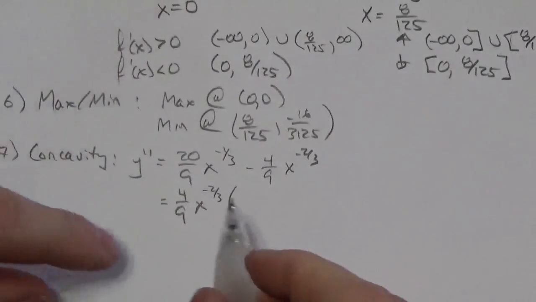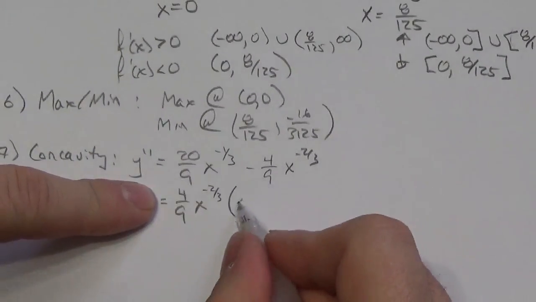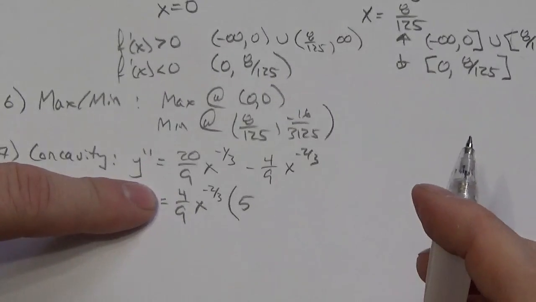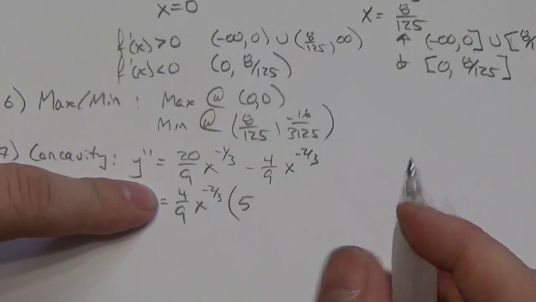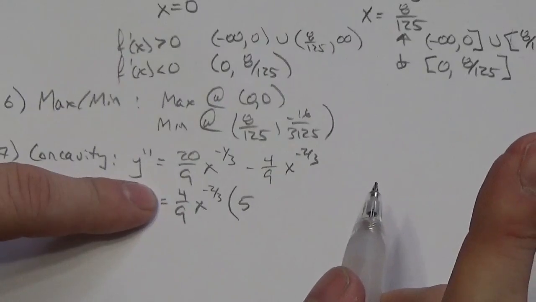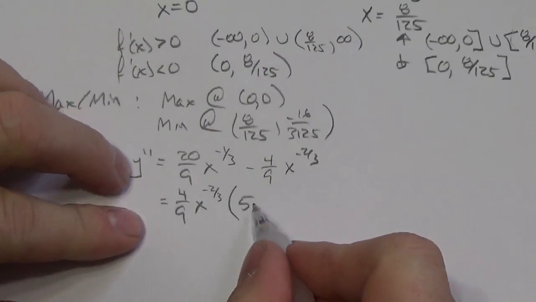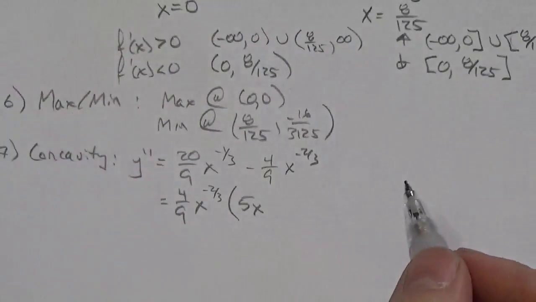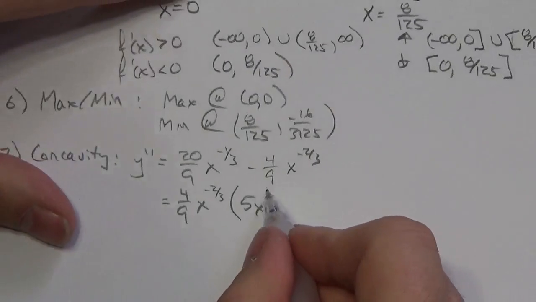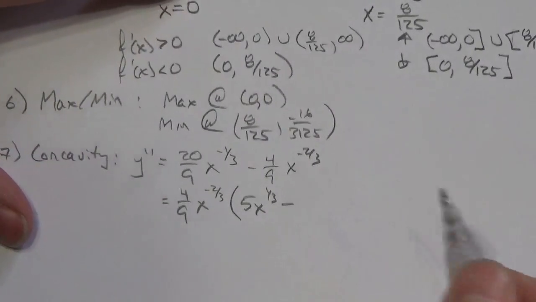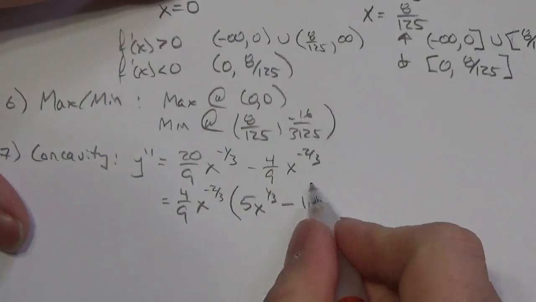And when I do that, that's going to leave me with 5. I just want to double check that I'm okay with that. Yep. And then this is going to become x to the positive 1/3 minus 1.